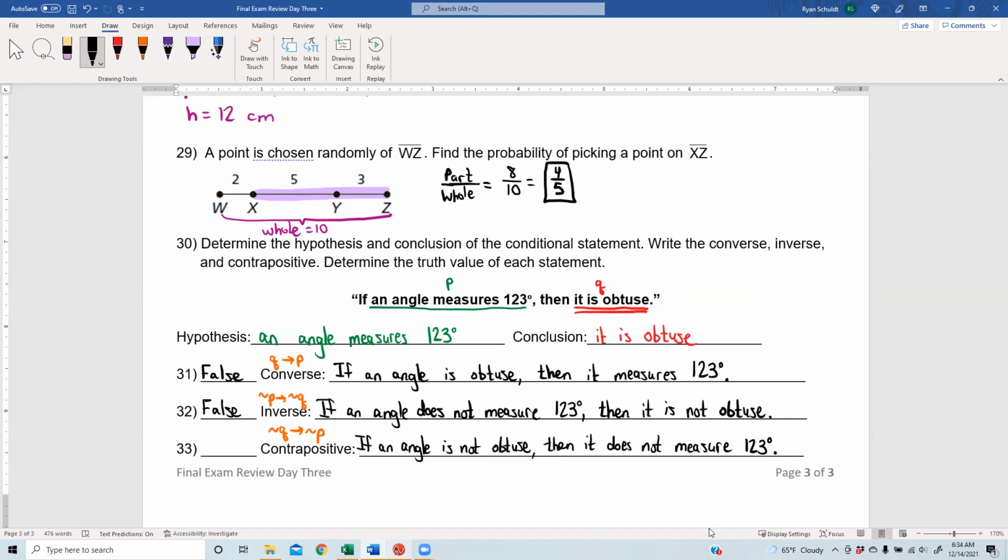That would be true. If it's not obtuse, then it can't be 123 degrees. That's certainly true.